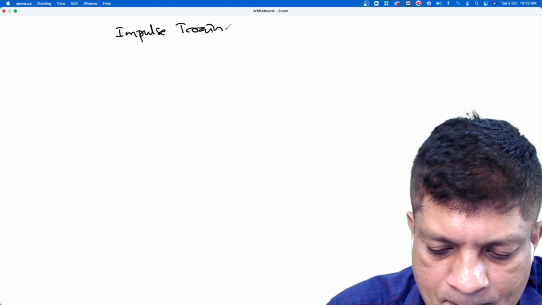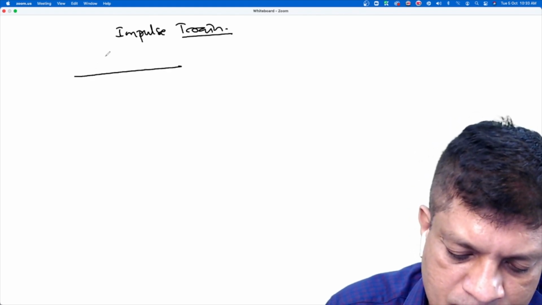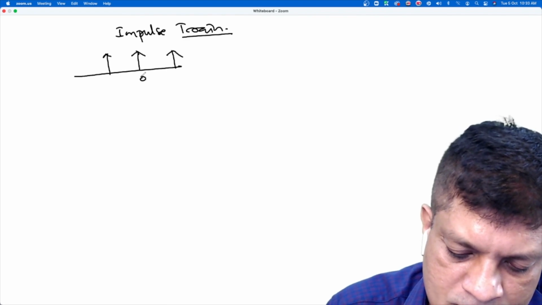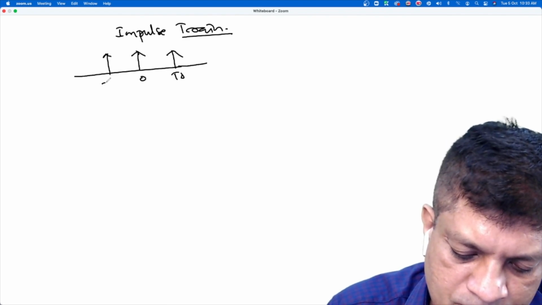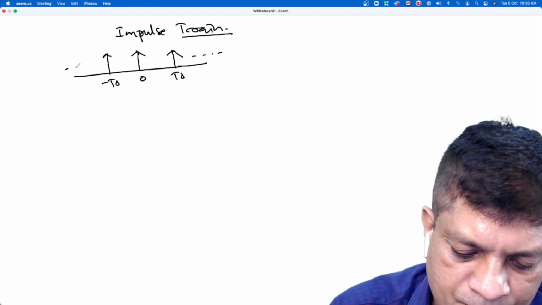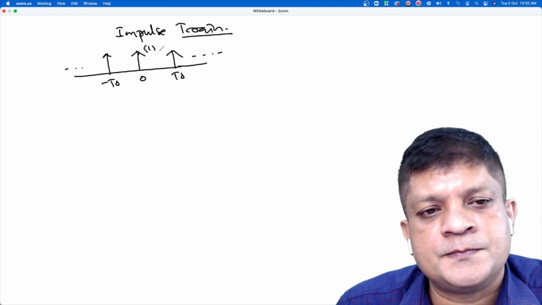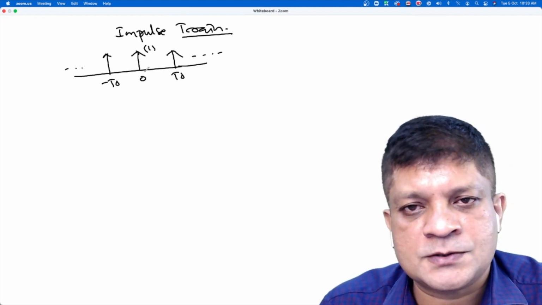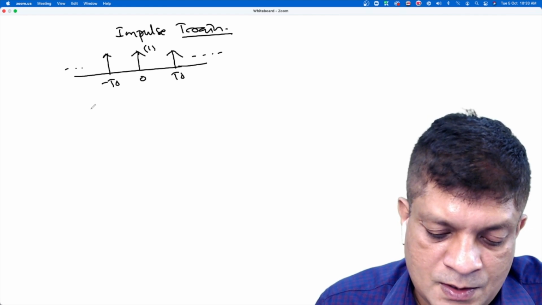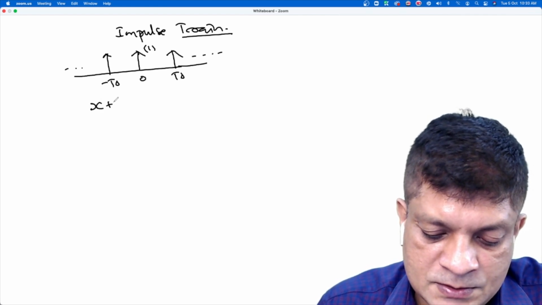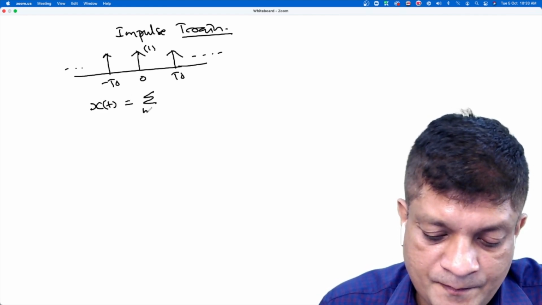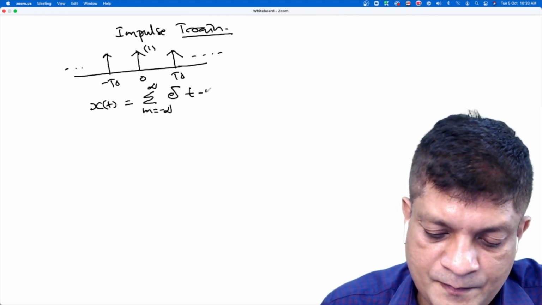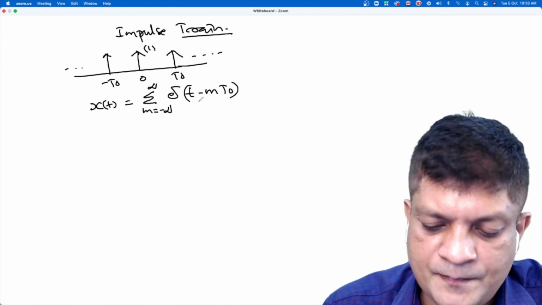Okay, sir. If you consider an impulse train in the time domain, with impulses at 0, t naught and so on, with strength 1, it is a periodic signal. So the expression for that signal is x(t), isn't it?